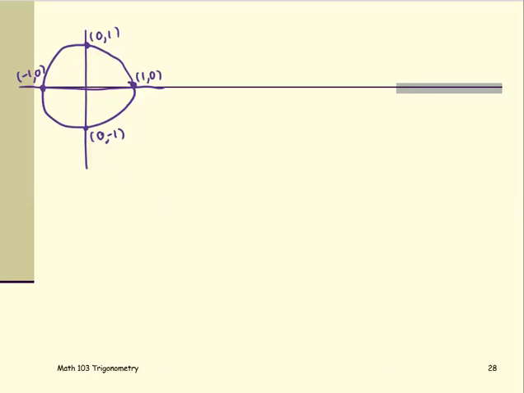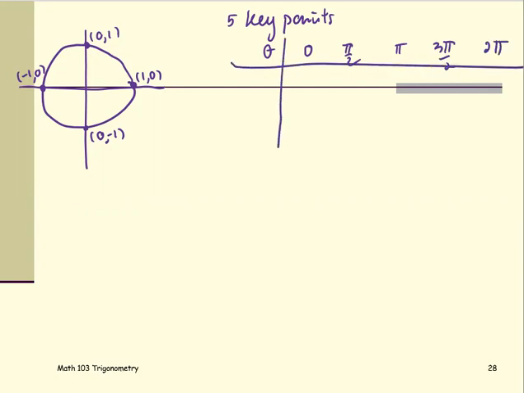So for the 5 key points, based on an angle theta of 0, pi over 2, pi, 3 pi over 2, and 2 pi, the first coordinate is for the cosine function. When we look at the first coordinate, those are the values of the 5 key points for the cosine function.